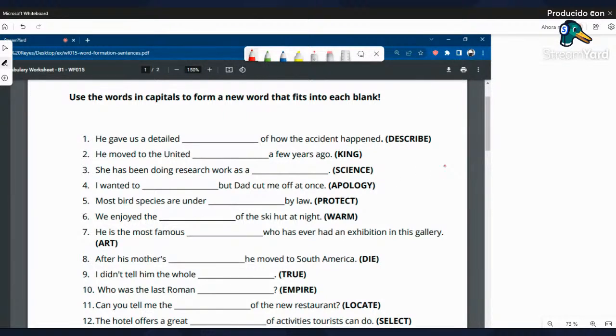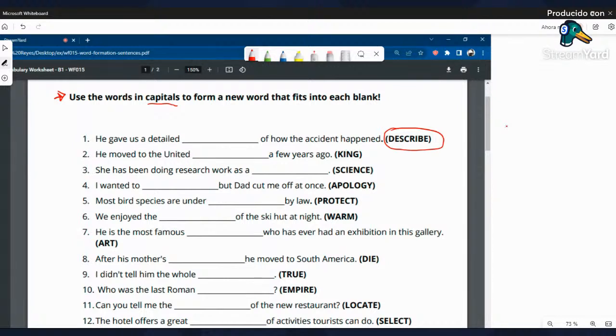Okay, here now it says, he gave us detail. What you have to do here, it says in the instructions. Let's read the instructions first. It's always important to read the instructions so we know what they want us to do. It says use the words in capitals. Which are the words in capitals? Right here. Usually in these types of exercises, the word in parentheses is like the base form or a different form of the word.